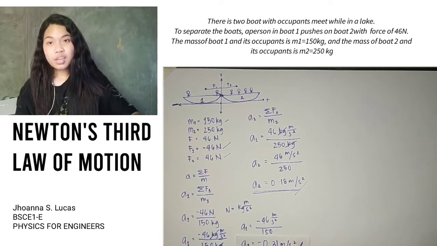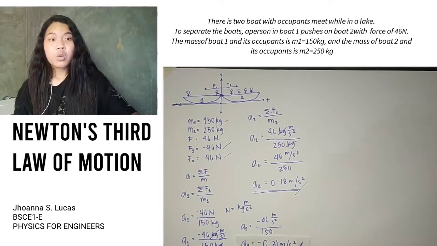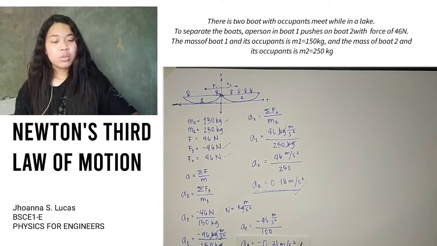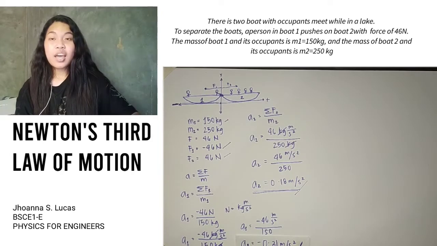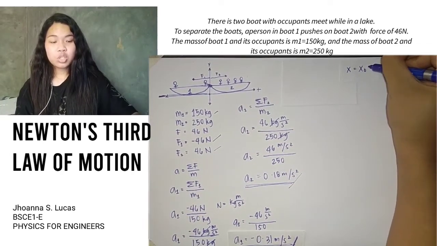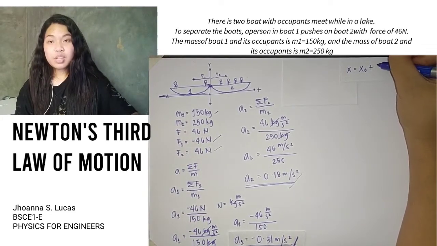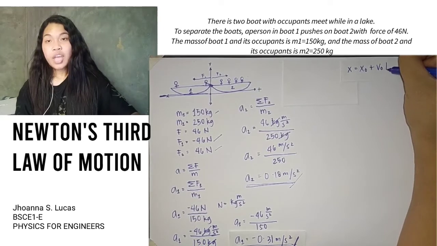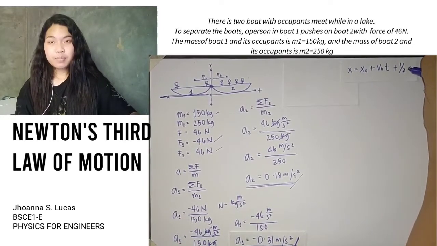Since we are asked here for the separation of two boats, and it gives us a time which is 1.2 seconds, we will use the equation from kinematics, which is x is equal to x sub o, or initial position, plus v sub o, or initial velocity, times time, plus 1/2 times acceleration times time squared.